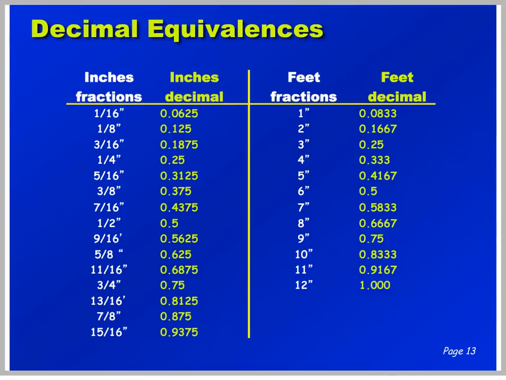And same thing true with decimal feet. You divide 1 by 12 or a 6 by 12 or a 10 by 12 or a 12 by 12, and you'll get these equivalent decimal feet numbers. Just remember, when you're in decimal inches and you want to be in decimal feet, you take the decimal inches and divide by 12 to get decimal feet.